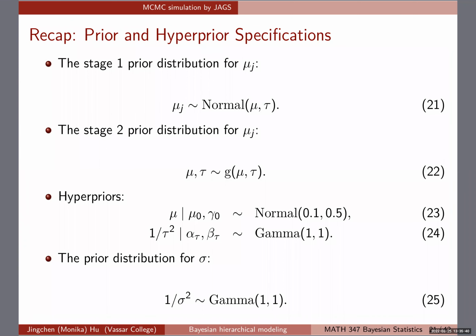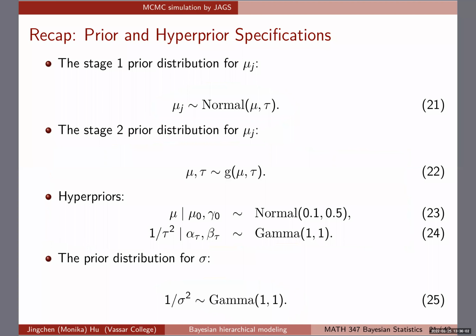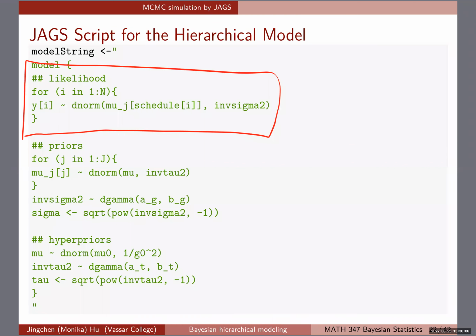You can see that chunk 2 about the priors is about the MuJs here and also about the sigma. And then the hyperprior section in the Jags code is in the box here about the hyperpriors that we use for the hyperparameters. And then, of course, you have the data model, which we talked about before, and that goes into the data model over here in terms of likelihood.